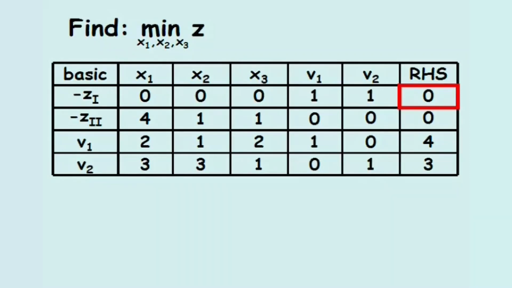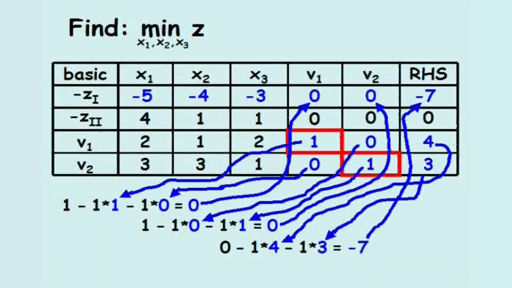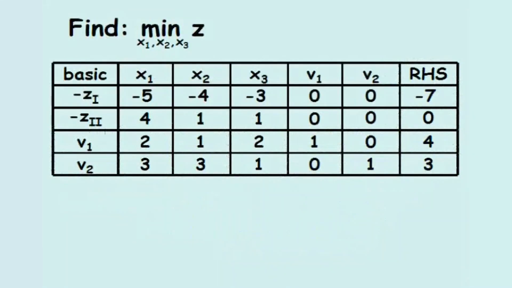To put the tableau in canonical form, we must perform a pivot operation on the non-zero entries in the identity matrix. Therefore, we subtract 1 times row v1 and subtract 1 times row v2 from row z1, and the simplex tableau is now in canonical form.